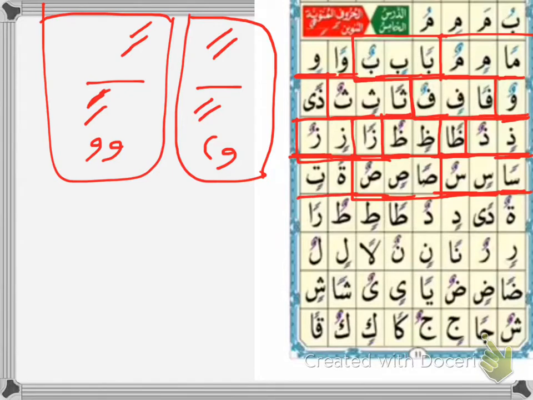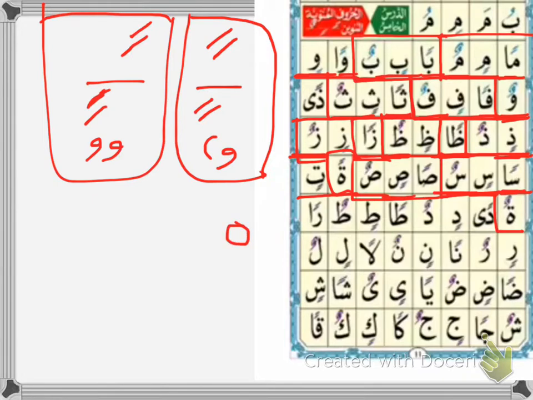Next is the letter تا. تا فتحتين تن. As you see فتحتين. تا كسرتين تن. تا ضمتين تن. We see over here we use the تا مربوطة.